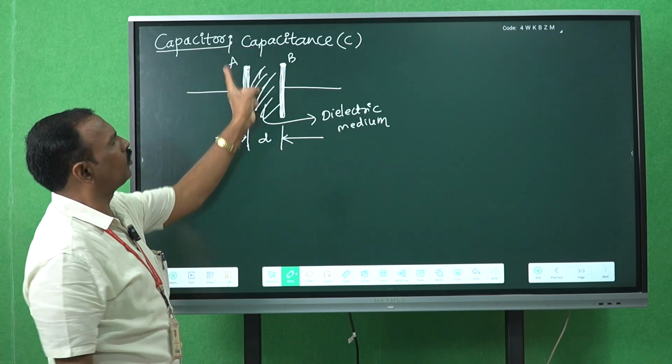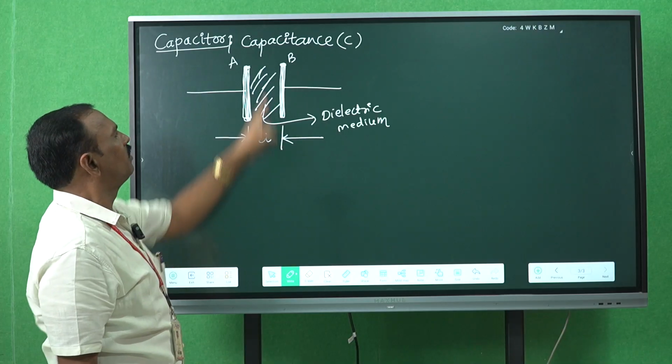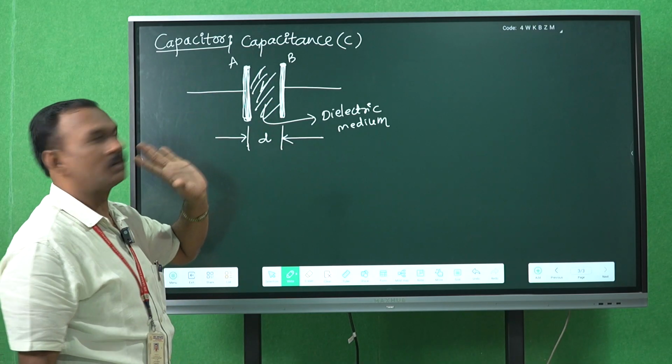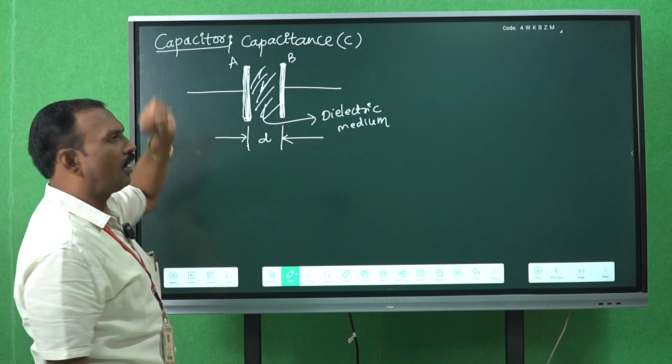Two conducting electrodes A and B are separated by a small distance d meters with some medium. This medium is called the dielectric medium. Then it forms a capacitor. That is a device or a component.